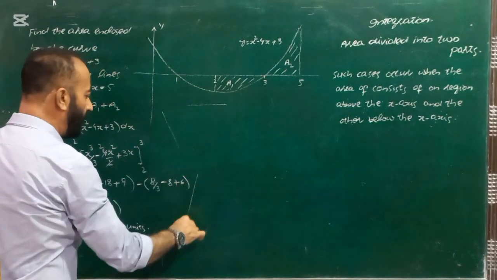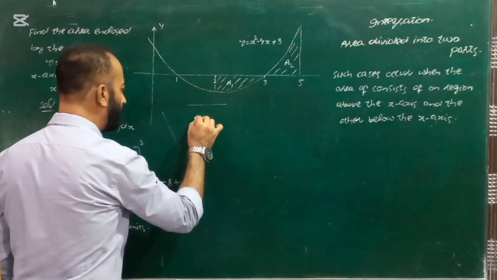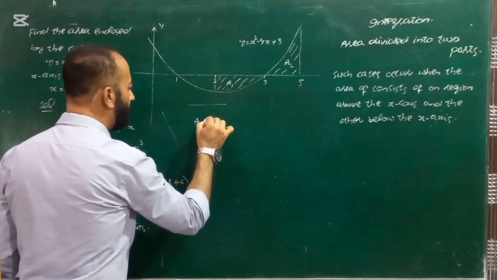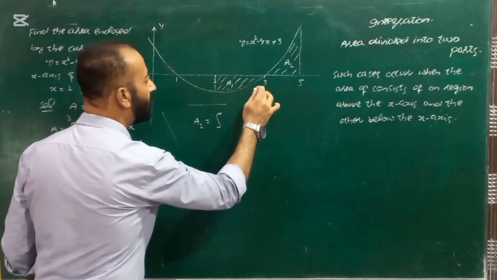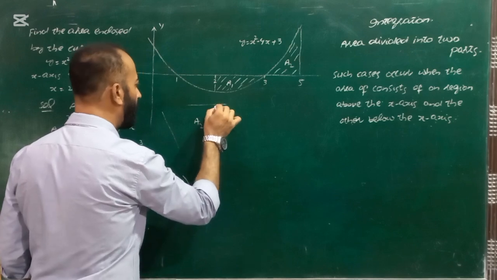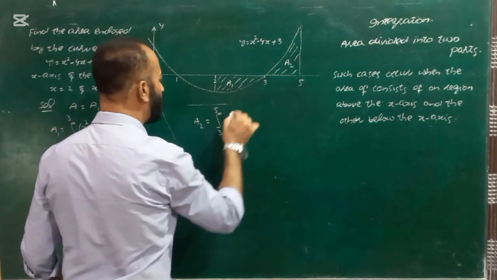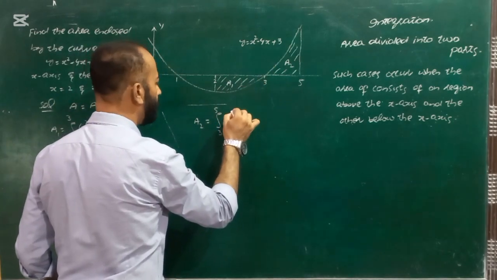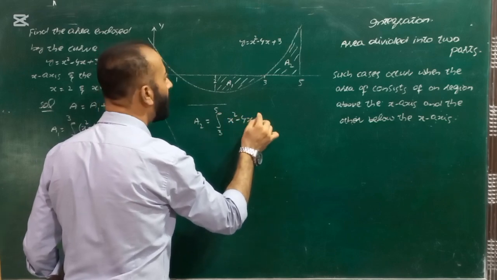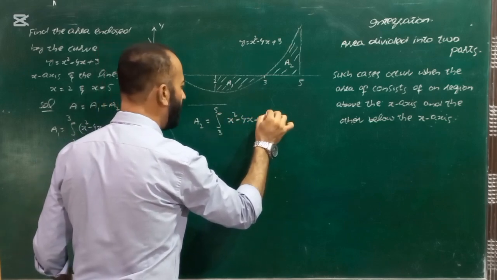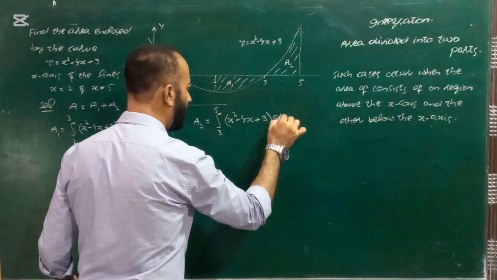Now we are going to find the area of A2. So A2, limit is from 3 to 5, and the equation is x square minus 4x plus 3 dx.